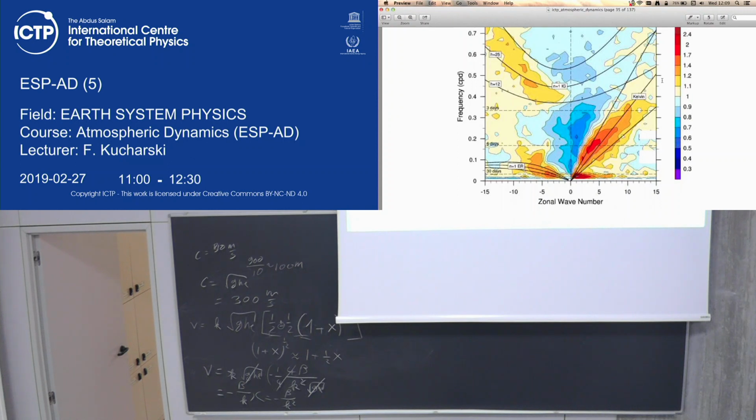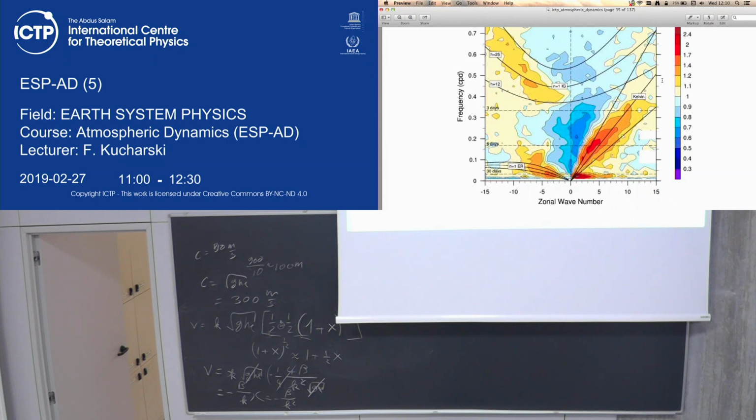Actually, there we will look for stationary solutions. Here we have looked for the propagating solutions, free solutions. In the case of ENSO, we will look for what we call a forced stationary solution. So we will have a forcing term, which for the atmosphere we think of as some kind of heating, ENSO-induced heating. That's a forcing term.